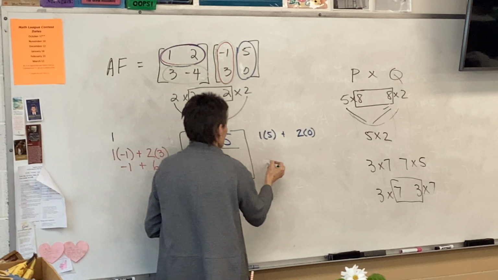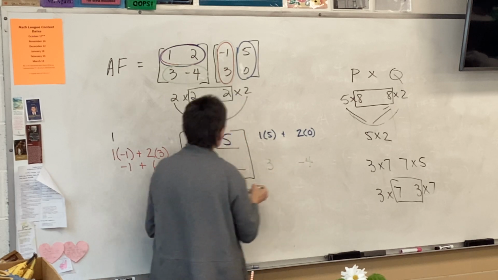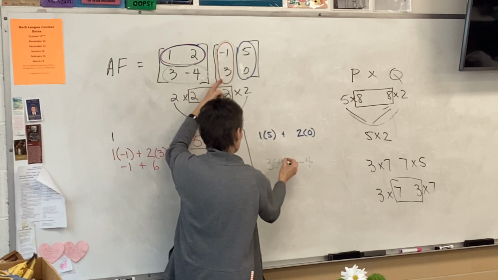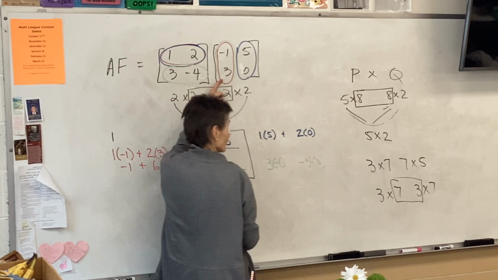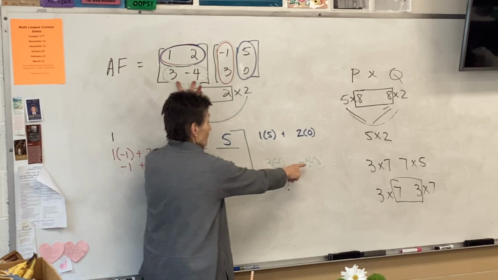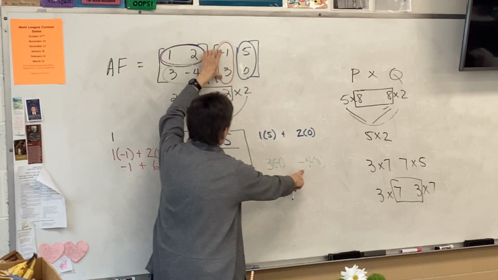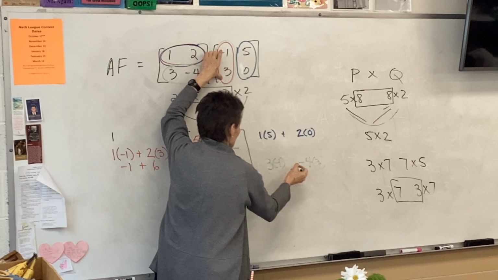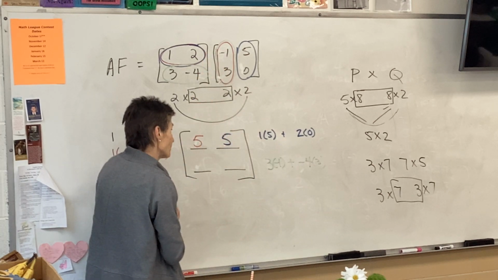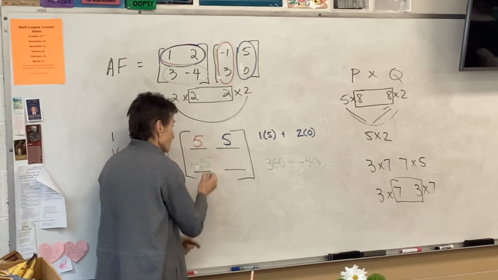So 3, -4. And then -1, 3. See what I did? I wrote down my row, 3, -4. And then my column, -1, 3. So what's that one? -15.